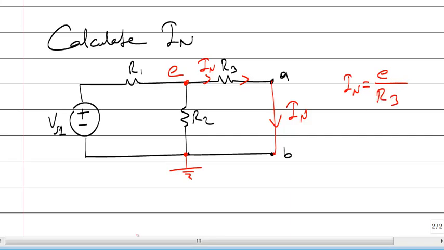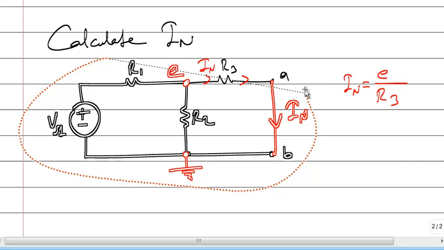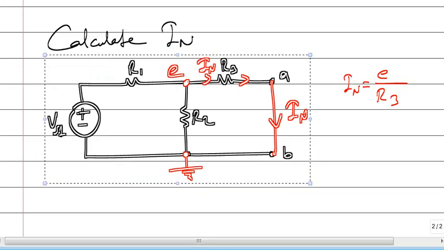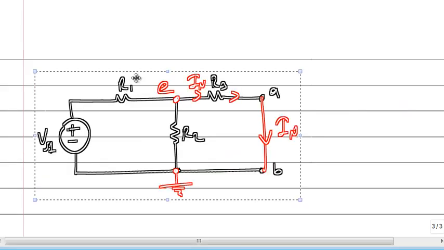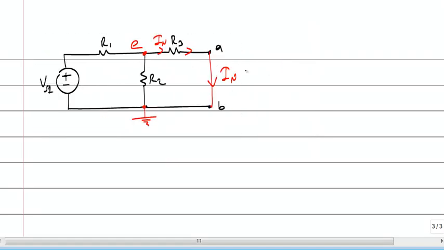Okay. How can I calculate the voltage of point E? To calculate voltage of point E, I will apply combination rules. These two are connected in parallel.